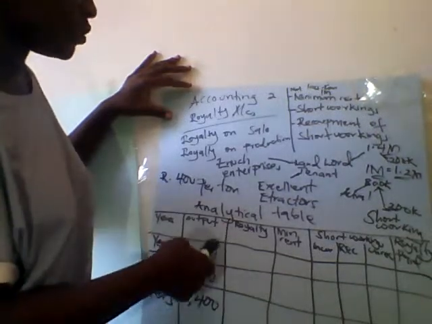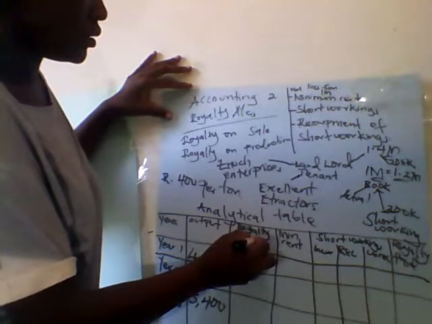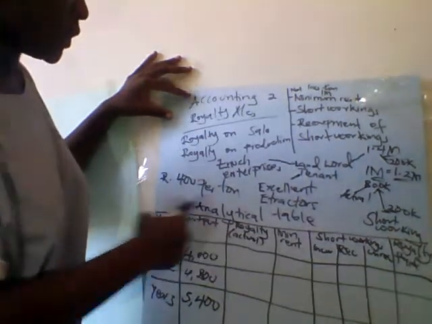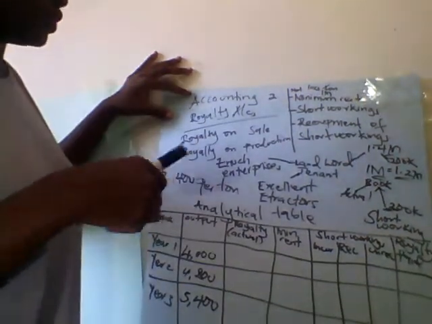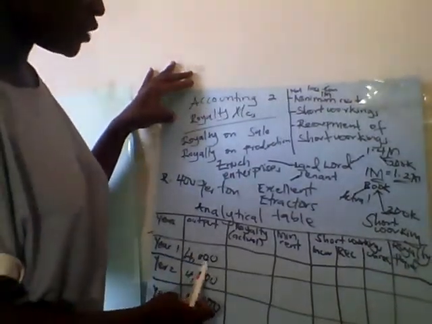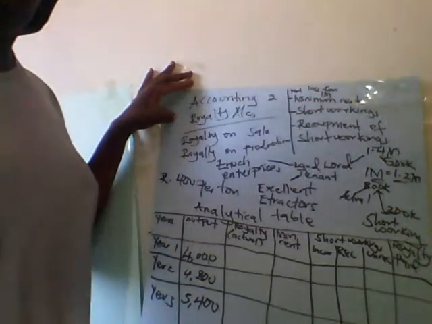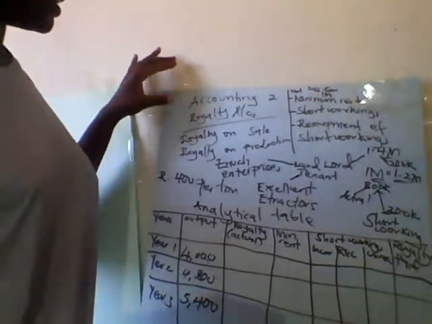So in order for us to get the actual royalty that was gotten from extraction, we take what was produced times the royalty itself. Let me get my calculator.